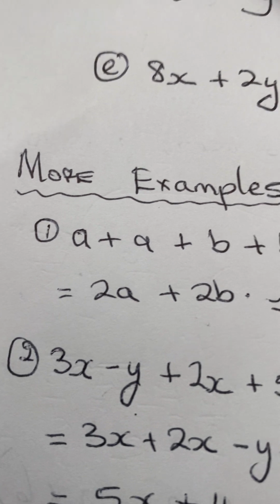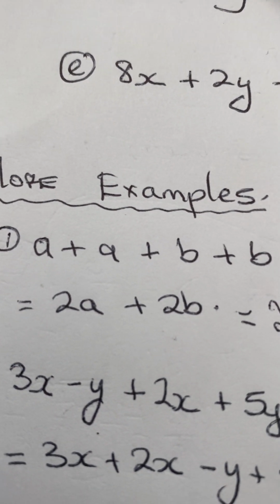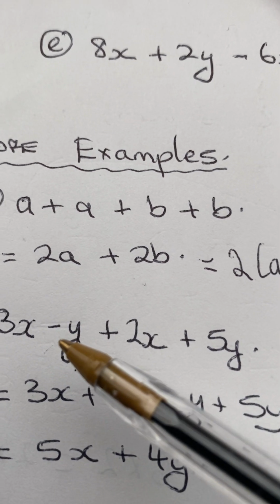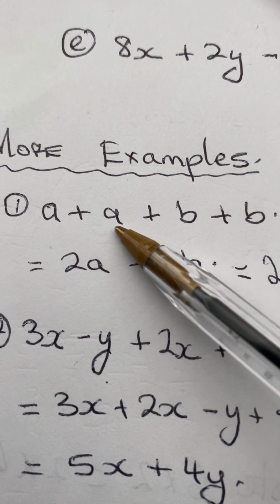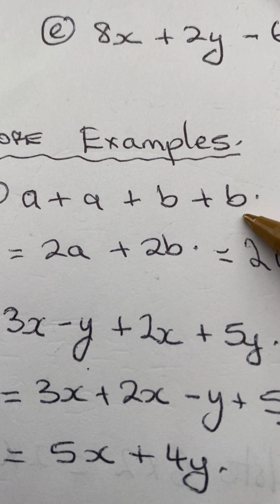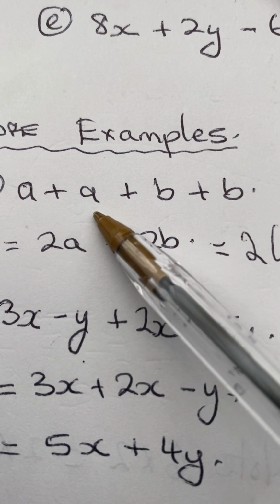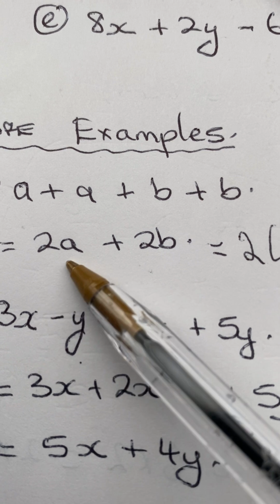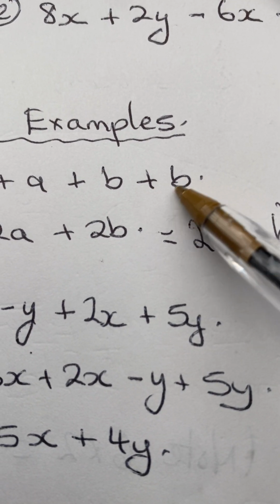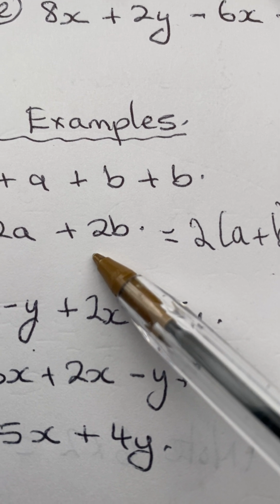Now let's look at some more examples. So now, a add a plus b add b. So a add a will be 2a, plus b add b will be 2b.